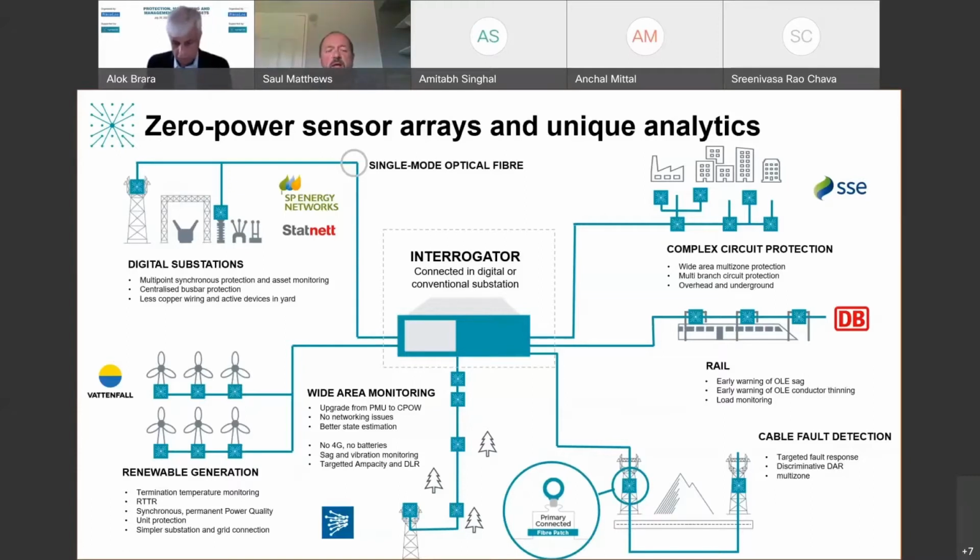And the only thing connecting all those bays and all those assets in the switchyard now is optical fiber, not live copper wiring.